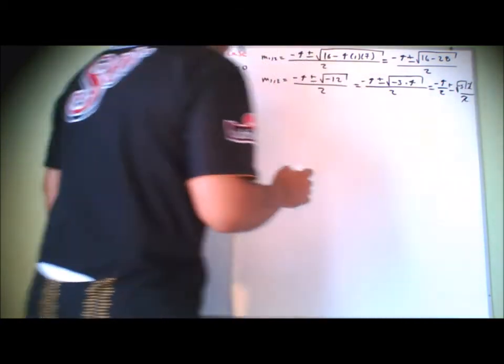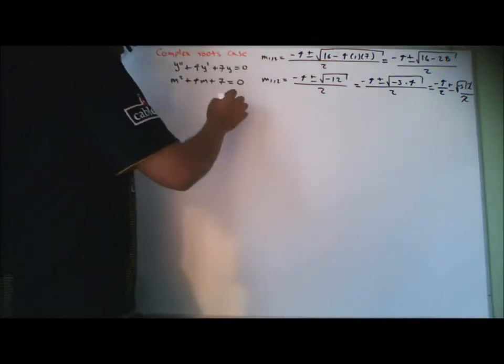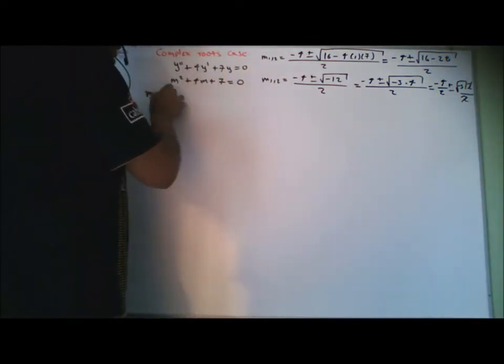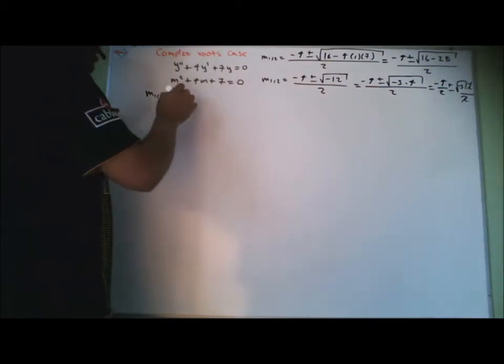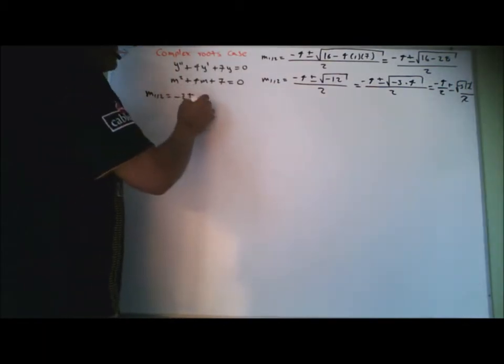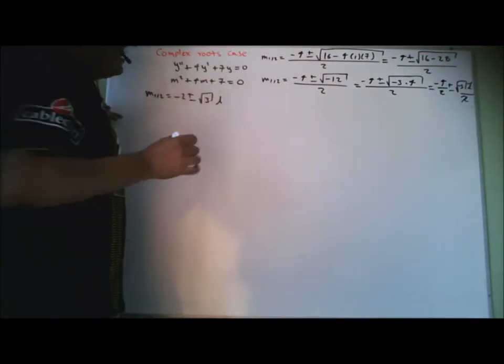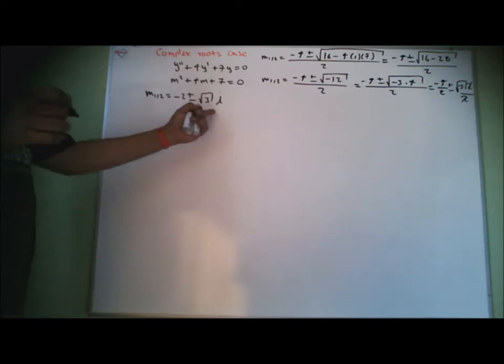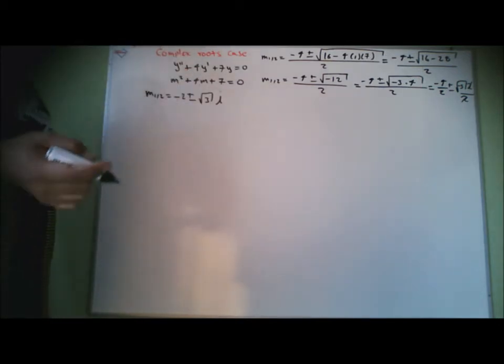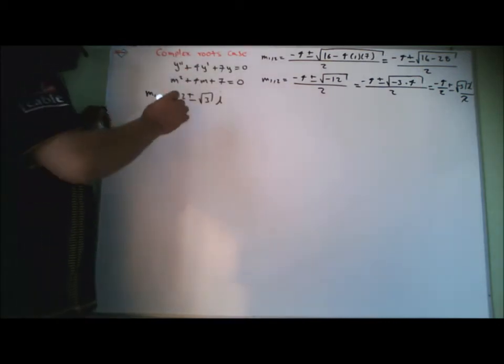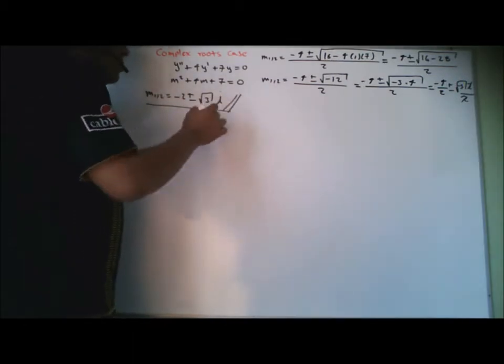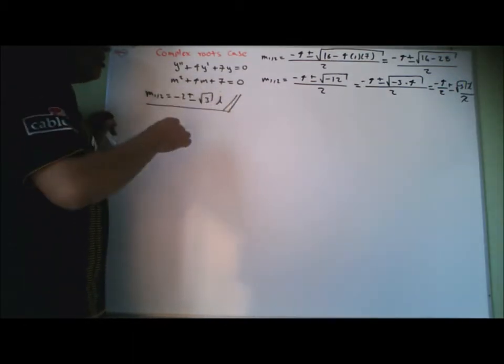So we cancel the 2, and minus 4 over 2 is just minus 2. So m1 and 2 is equal to minus 2 plus minus the square root of minus 3. I'm going to split that into the square root of 3 and then the imaginary number. If you remember, the imaginary number is just the square root of minus 1. Okay, so these are the roots, and we have the positive and the negative.